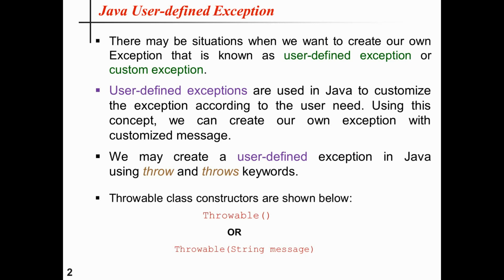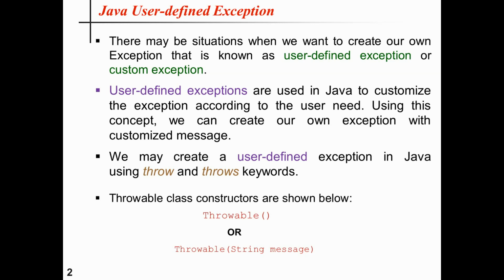This type of exception is used in Java to customize the exception according to the requirement or need of the user. Using this concept, we can create our own custom exception with customized message.